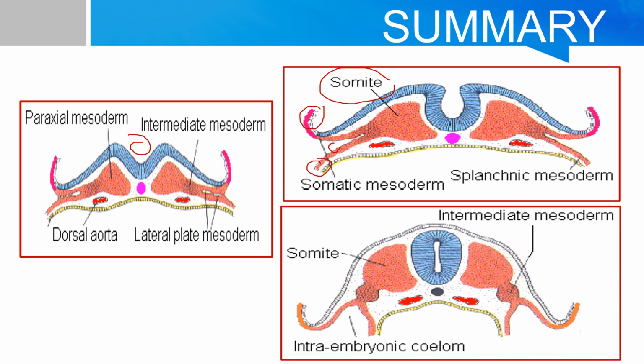So this completes the important stages in this third week, which starts in the embryonic period. We have seen neural tube formation, somite formation in the fourth week, and now the formation of the intraembryonic coelom also. In the fourth week, folding of the embryo also occurs, which we will see in the next video.